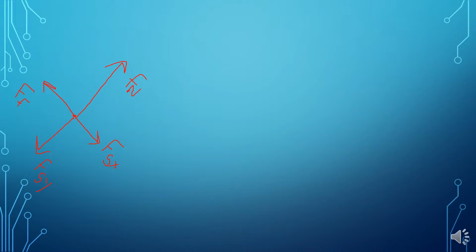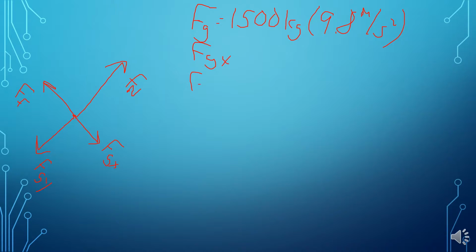Now I want to figure out what I know. Well, because I know the mass, I know Fg is going to equal 1,500 kilograms times 9.8 meters per second squared. I also know how to find Fgx and Fgy, because both of those are found by resolving that vector.